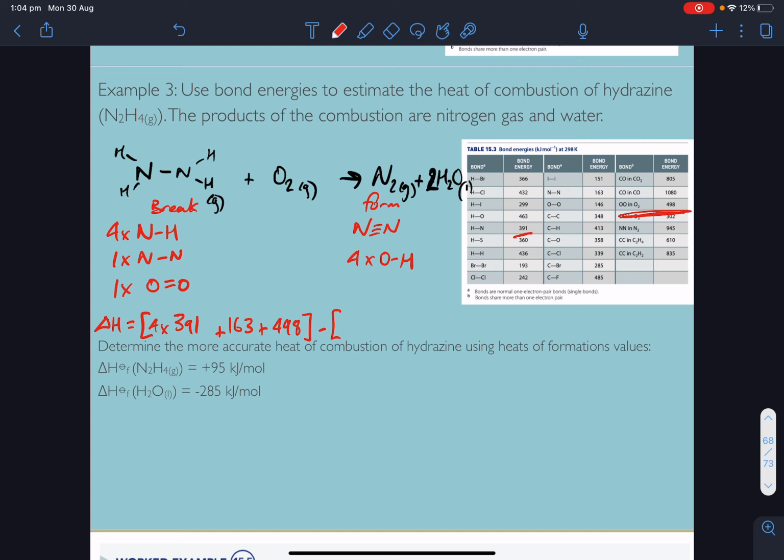And N in N2 is 945. Nice, a lot of energy in that triple bond. And 4 times oxygen-hydrogen, over here, 463.